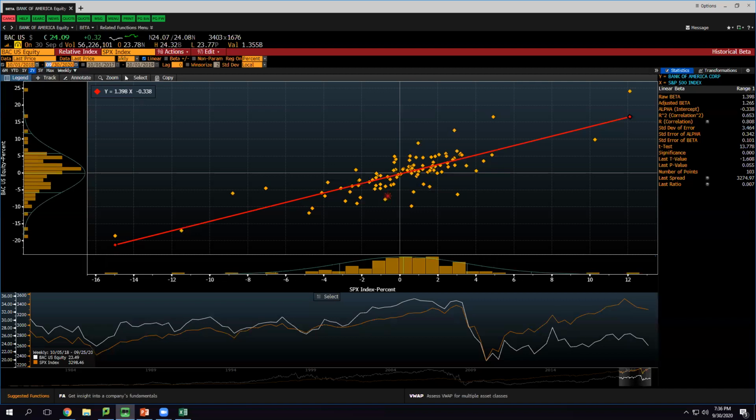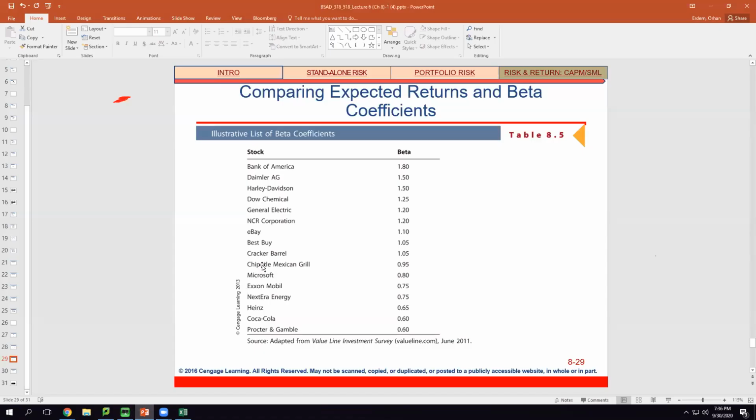But this number here, the coefficient of X, shows you the beta of Bank of America. Remember, our book was saying it was 1.8. It's some years ago, by the way. Nowadays, it is 1.3738.